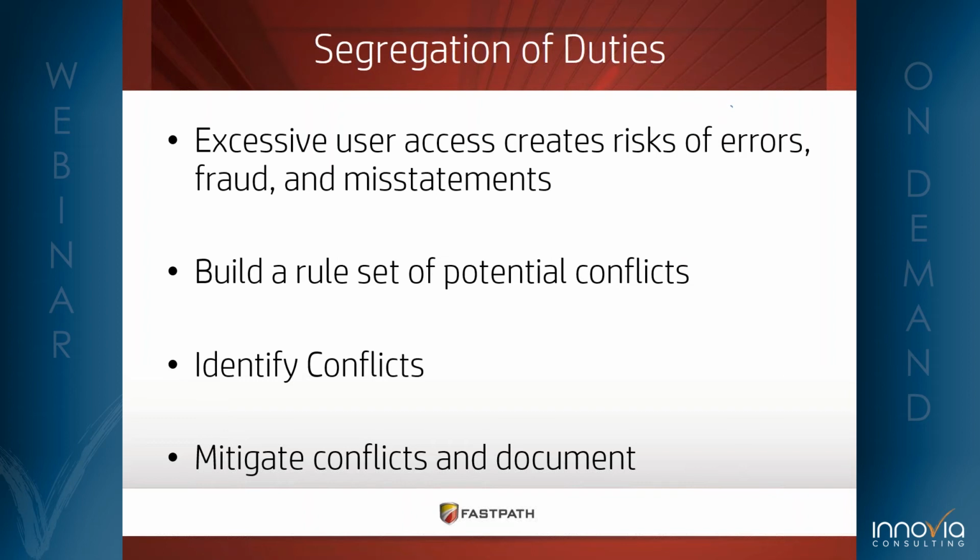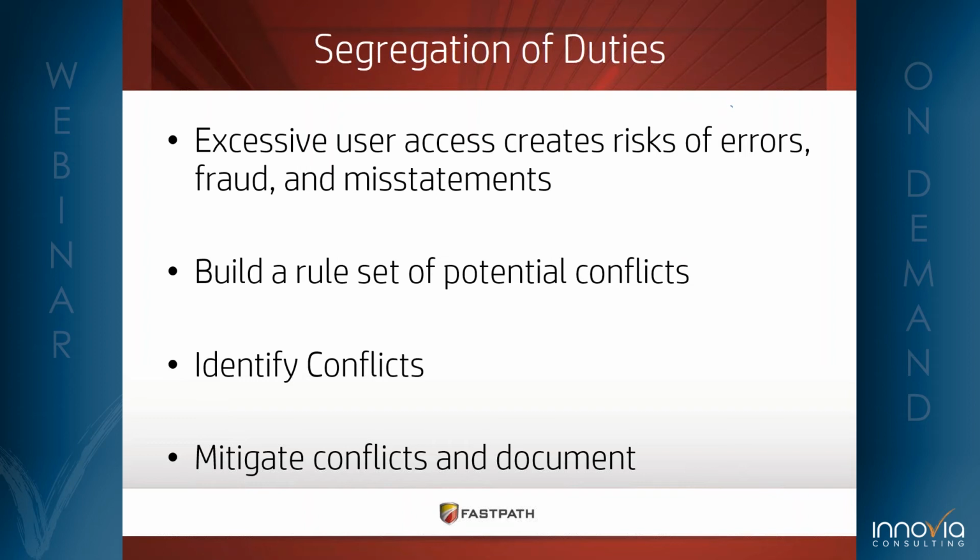When your auditors are coming in-house, they are not necessarily looking for the fact that you don't have any conflicts at all. They understand that that is not realistic, especially for smaller organizations. But what they want to know is that you've now identified these potential conflicts and that you have a mitigation or a control for these conflicts, and that you've documented these mitigations and these controls.